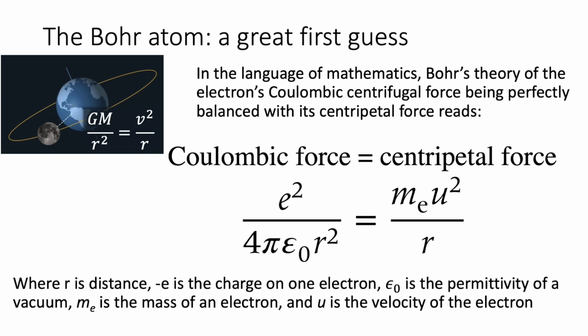Again, Bohr is thinking of an electron orbiting the nucleus. That turned out to be not quite right, but nonetheless, that's the thought process, the logical path we're following at the moment.